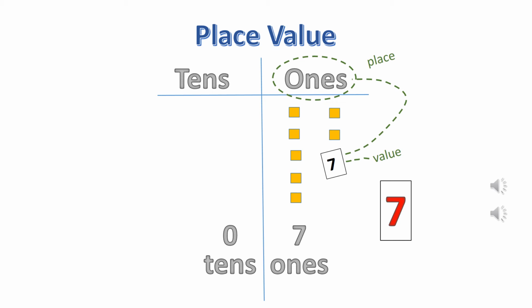So we have 7 cubes in the ones place, and they have a value of 7. And we write this number as 7. Look at the red 7.